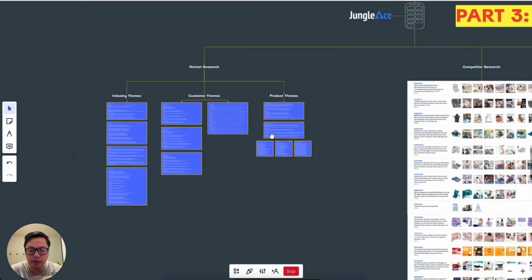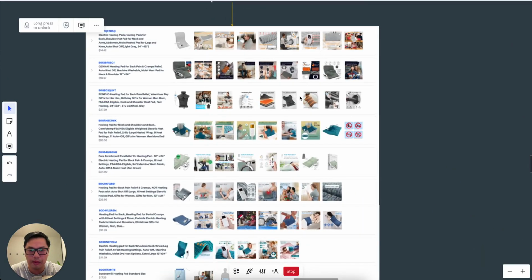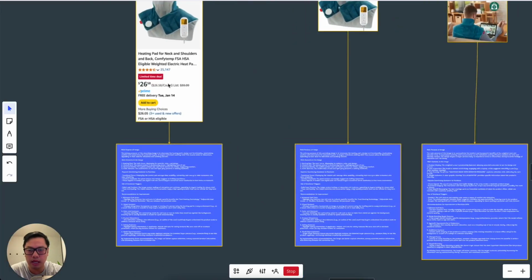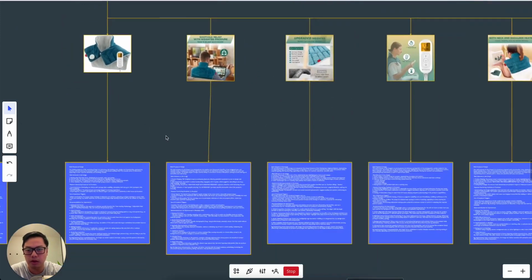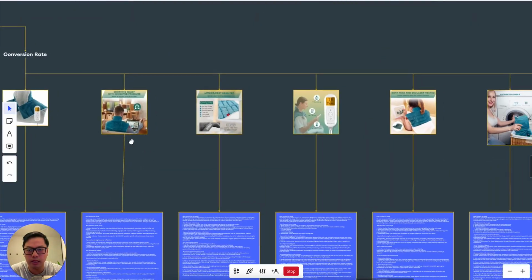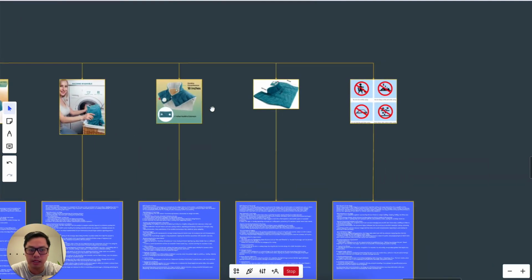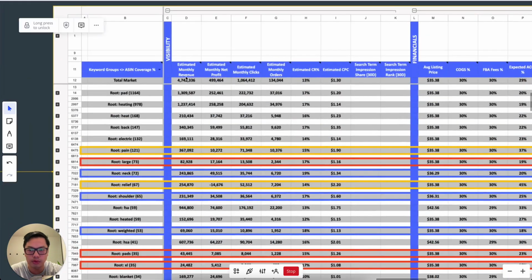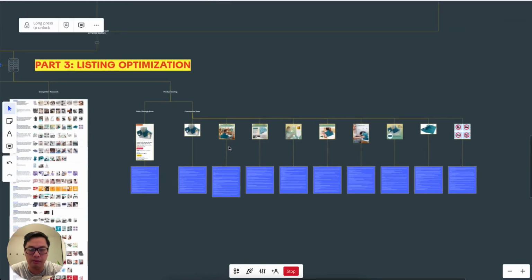So I'm going to go through a bunch of areas, including market research, competitor research, looking at every competitor's listing. What are they talking about? What are the common themes within these? And then I'm going to leverage AI and try to understand it at the main image level in terms of click-through rate, but also the conversion rate level, using AI to really understand our customer avatar and whether our current listing is good enough to capture enough of these routes and speak to our customers better, and whether we can make any meaningful improvements to it.